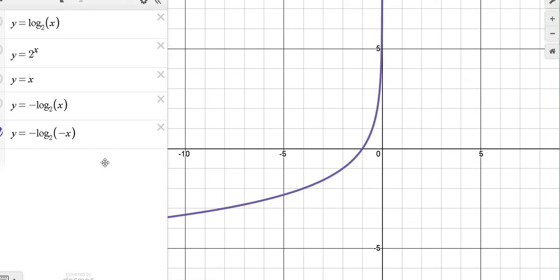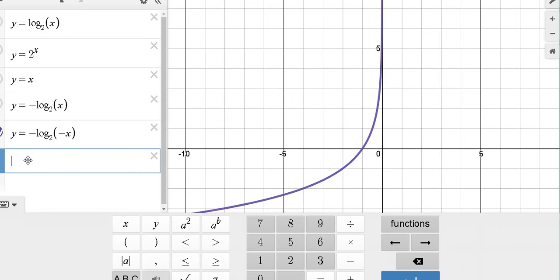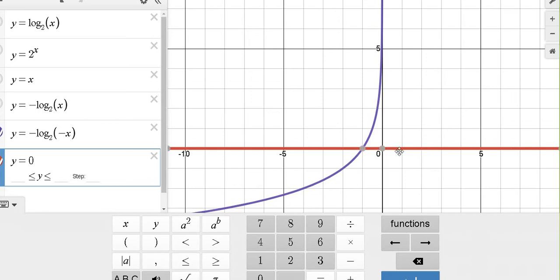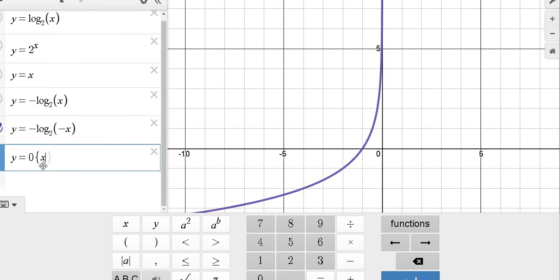Is the domain everything? No, it doesn't look like it. So domain, we're looking at the x-axis. So y equals 0 is the x-axis. But this isn't defined for everything. It's just defined for x less than 0 right there.